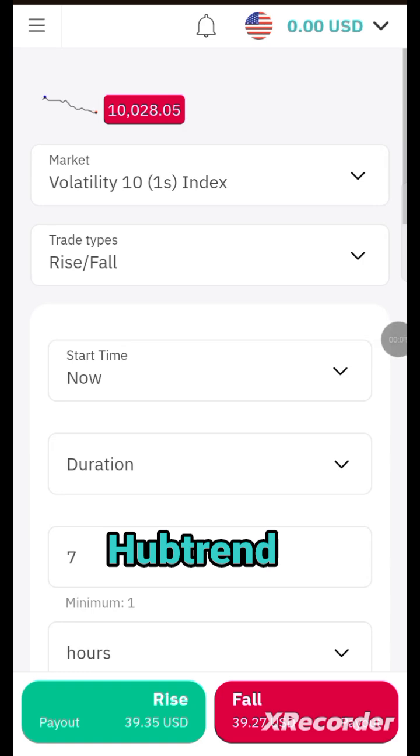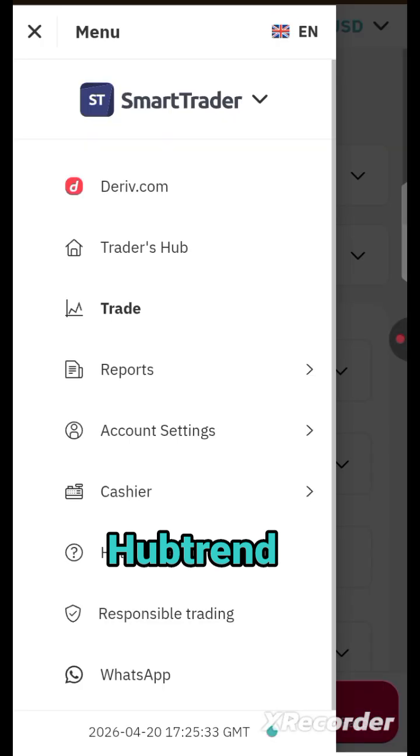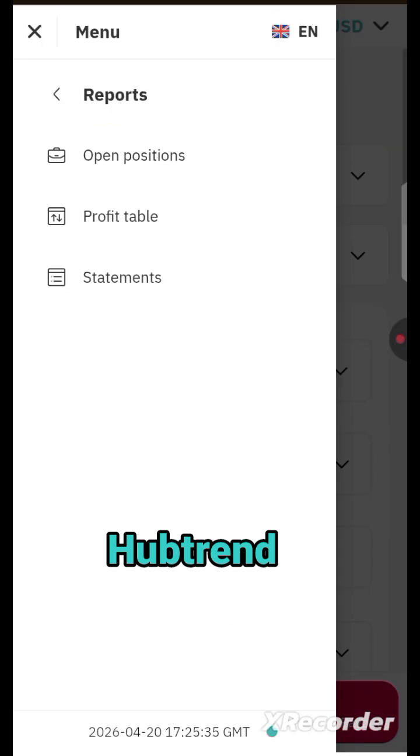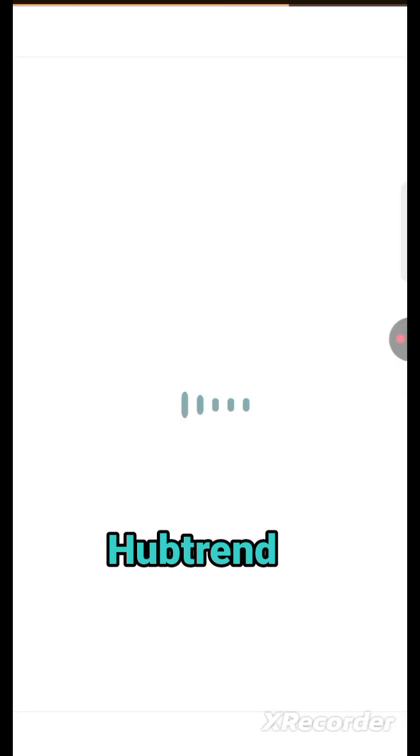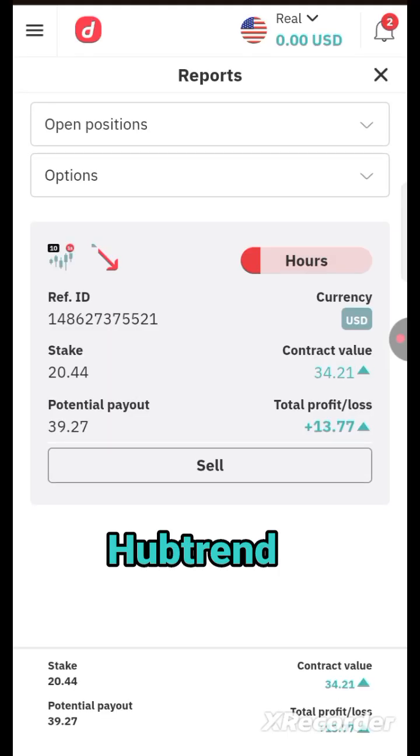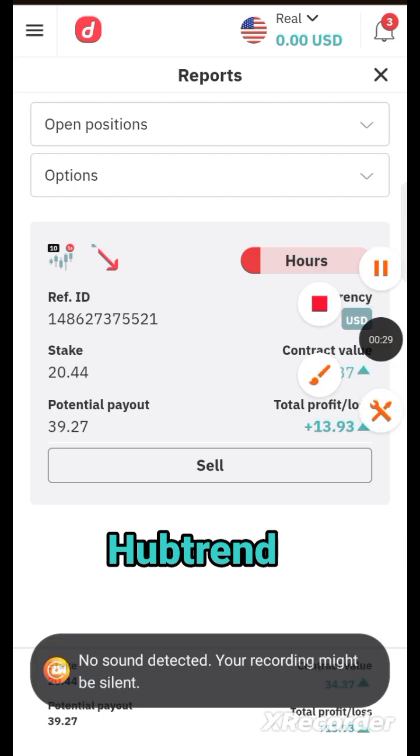Having waited for over 5 hours, so let's see how far the trade has gone. It is not easy. Okay, here it is. I'm in almost $14 profit so far, and the time left is not much.